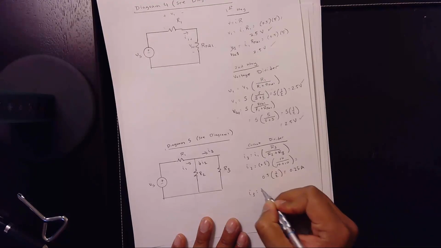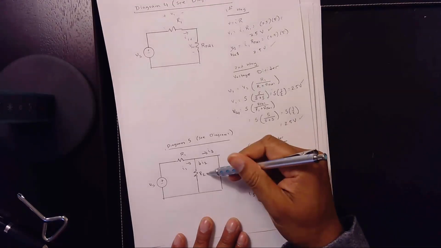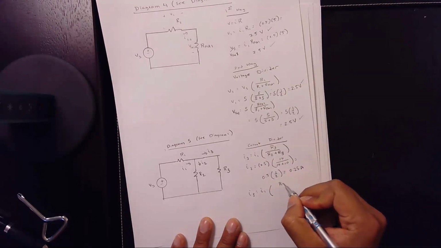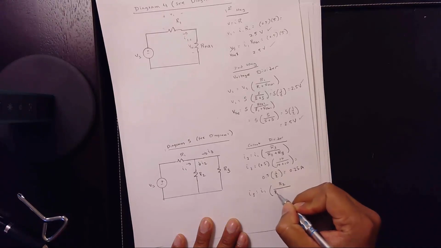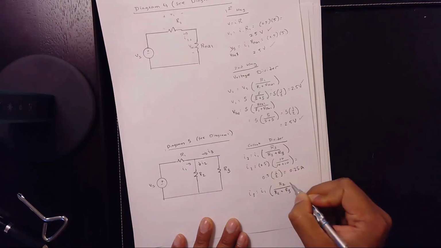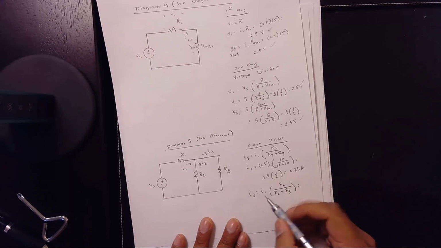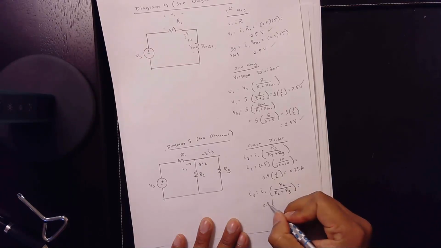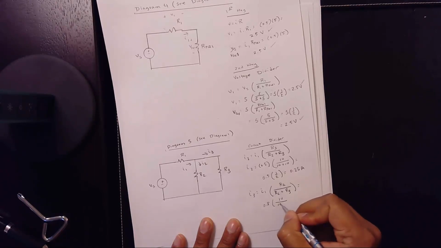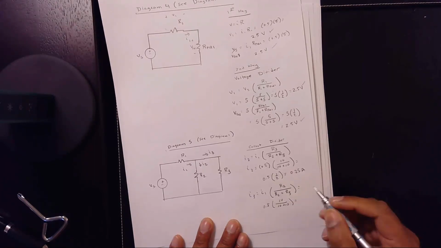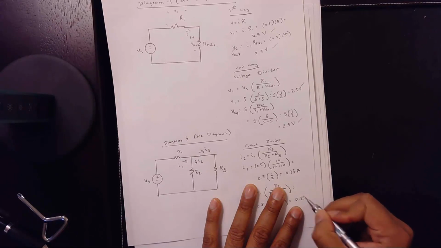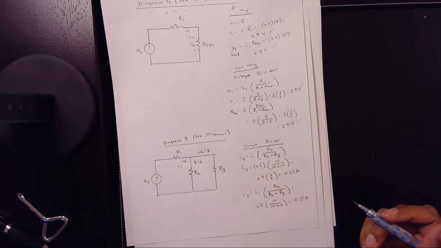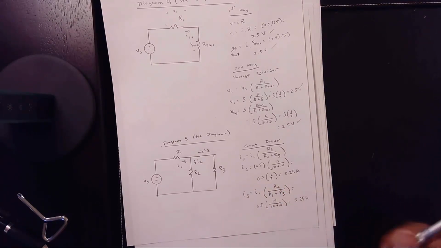I3 is going to be what? I1 times R2 over R2 plus R3, which is going to be 0.5 over 10 plus 10, which is 0.25 amps, just like that. Okay? So this is how you use current divider in this problem.